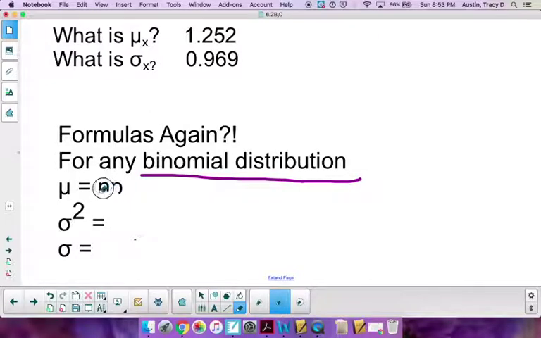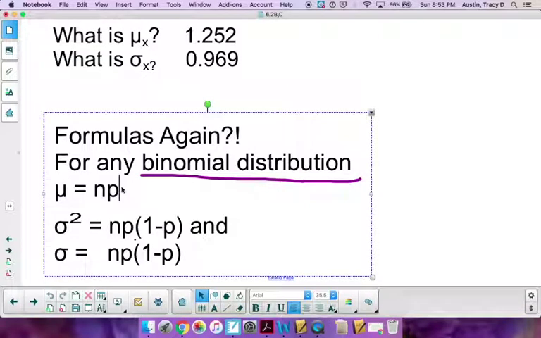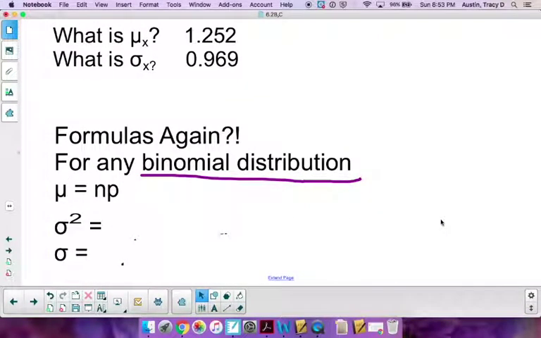The mean of the binomial distribution is your number of trials times your probability. Okay, and again, obviously it's going to be a little bit off as far as not as exact with the decimals, depending on how far out we run it.